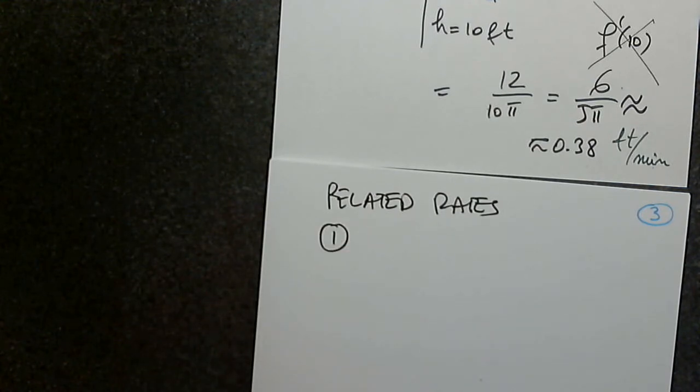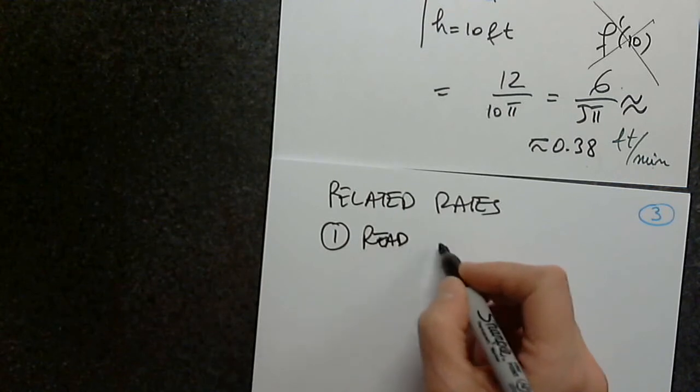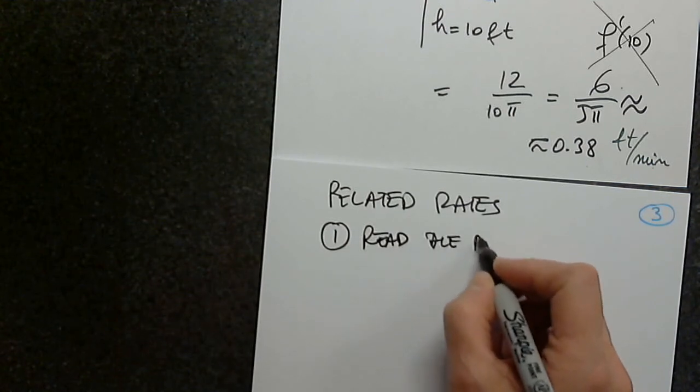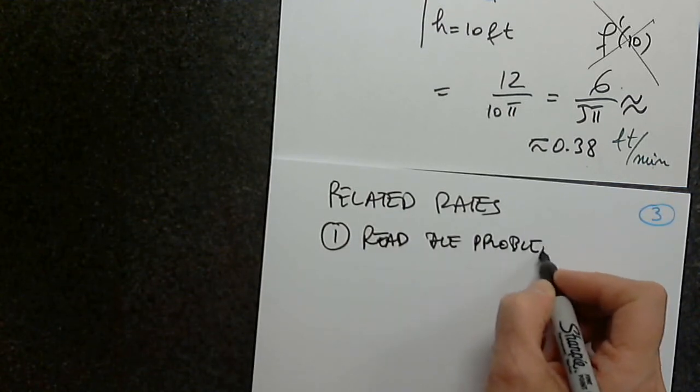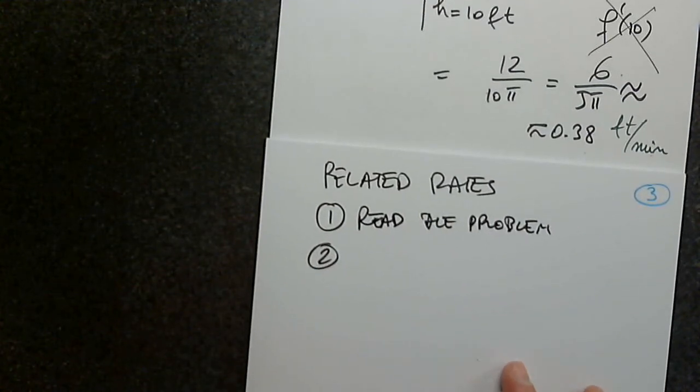I do this. Number one, I read the problem at least twice and make sure I take notes, like 30 cubic feet, what I'm asked to determine. So read the problem. Take notes. Maybe draw a figure. Not just take notes.